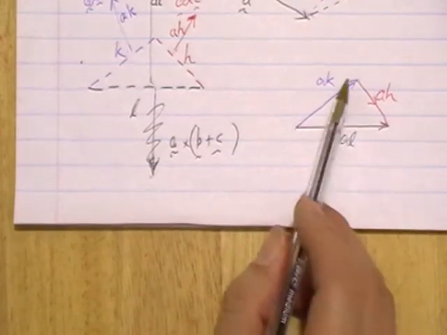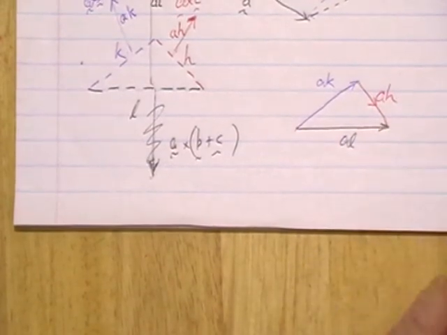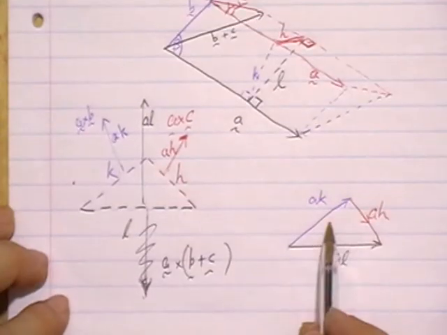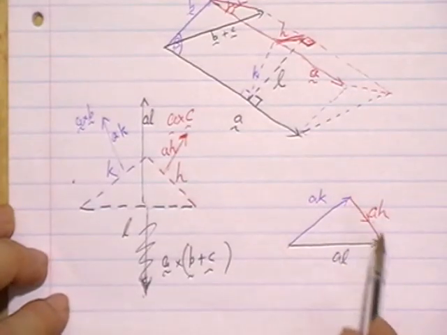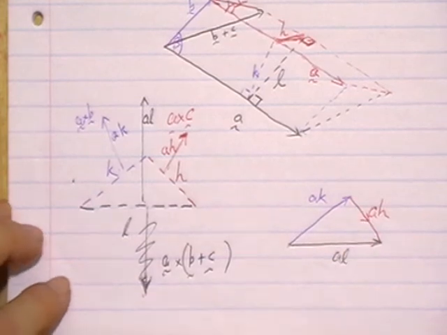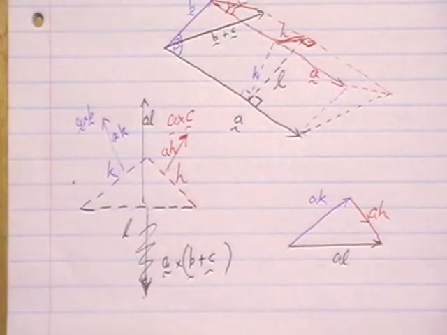Now I have drawn it as a closed triangle. But the question is, should these three vectors form a closed triangle?